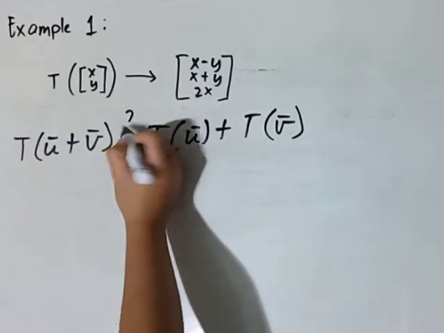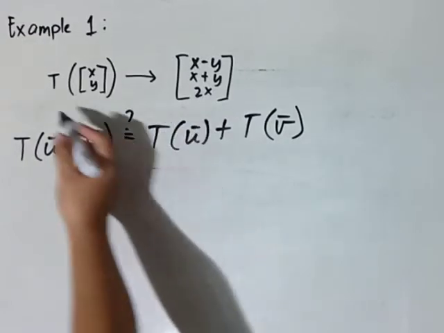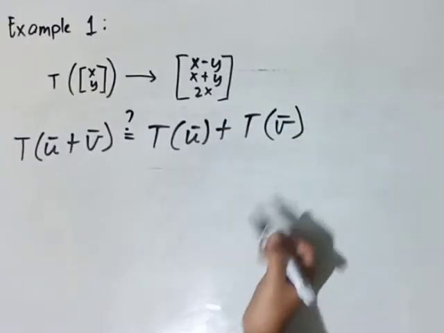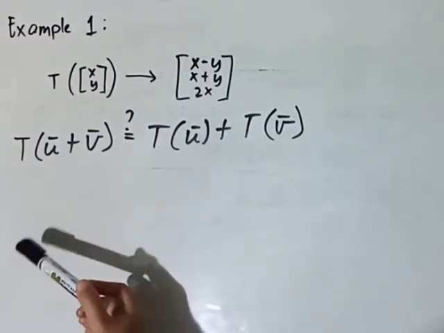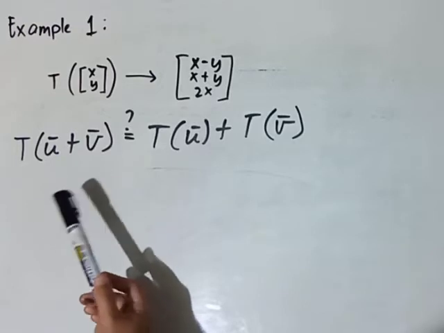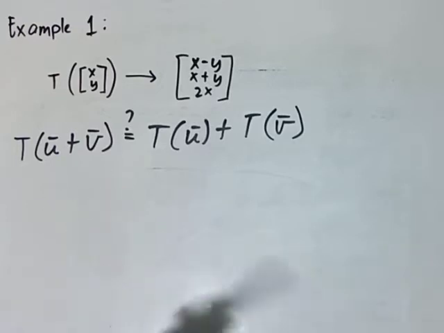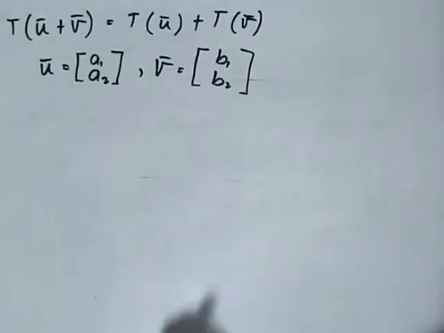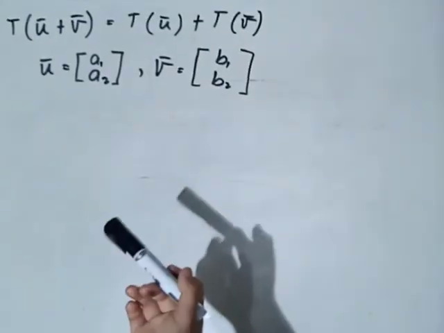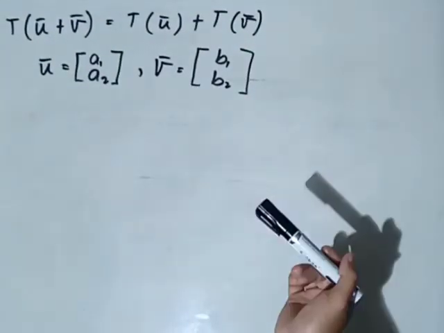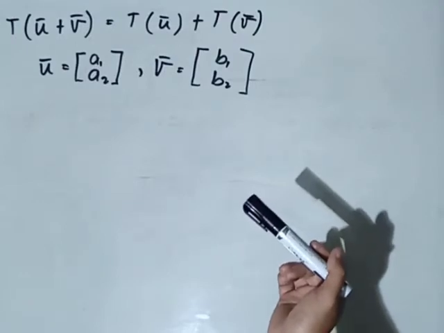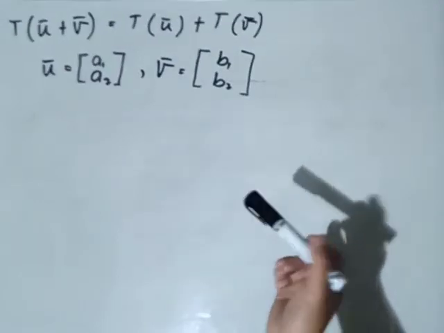So we're going to prove if this transformation is linear using this property. In this case, we are going to assign components to our two vectors, u and v. I just have to rewrite so we can have more space. In vector u, I assigned a sub 1 and a sub 2 as its components, and in vector v, I assigned b sub 1 and b sub 2 as its components.